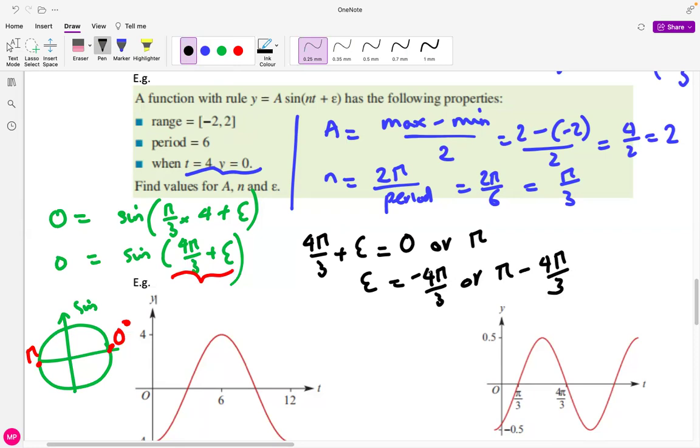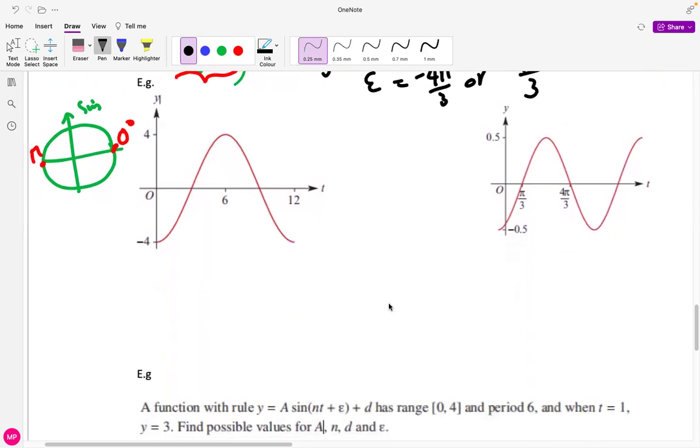Pi minus 4 pi over 3 will give us negative pi over 3. So that could be two possible answers for epsilon.